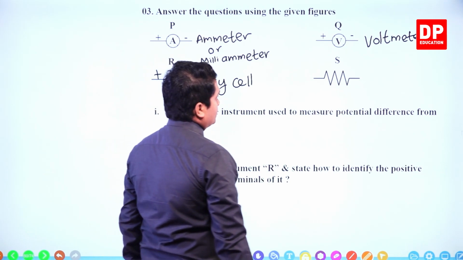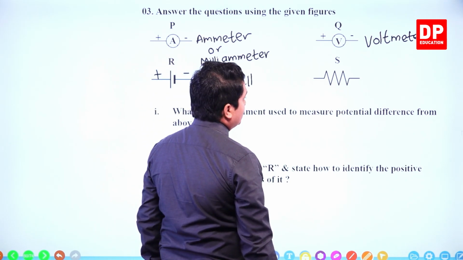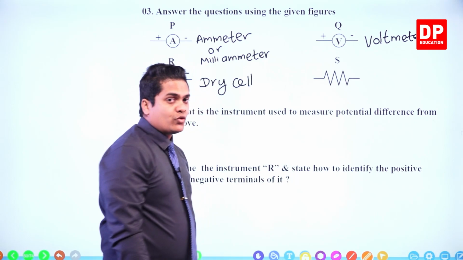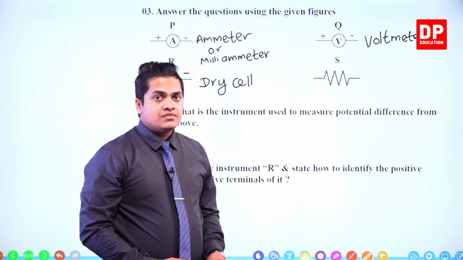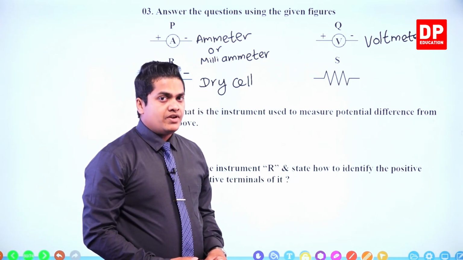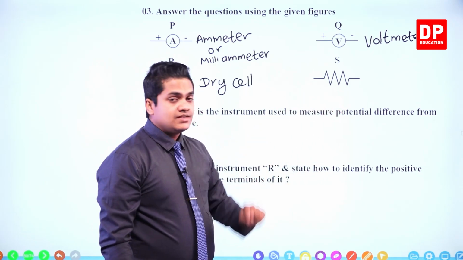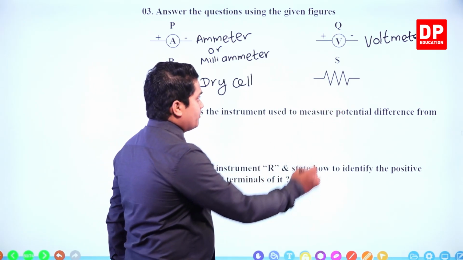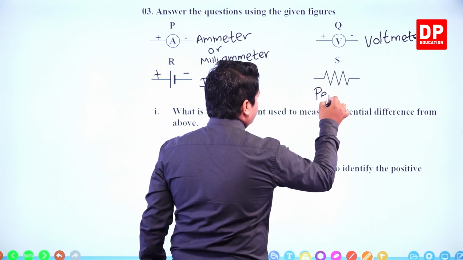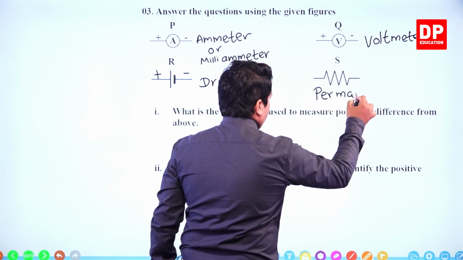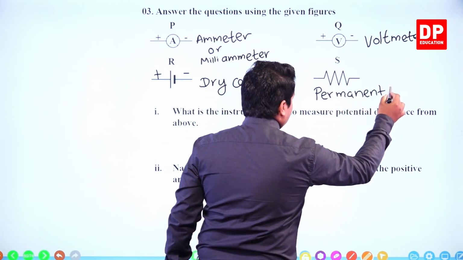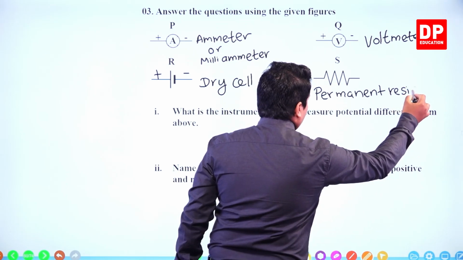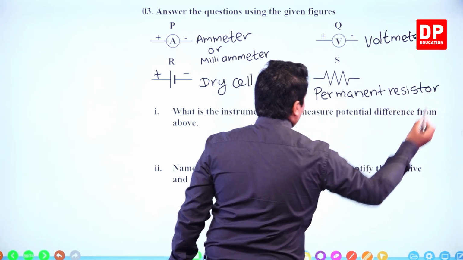Then the fourth one, S. In the earlier question also, when I was drawing the circuit diagrams, I told you that for a permanent resistor, we use this symbol. So this is a permanent resistor. Right.